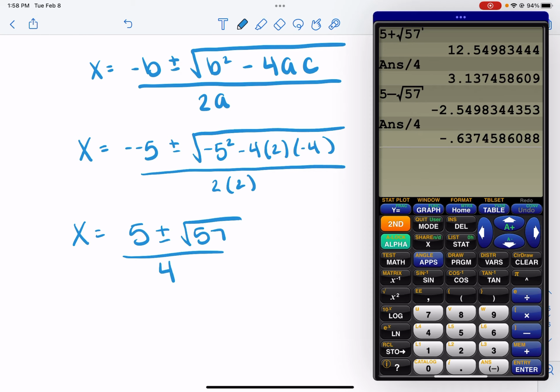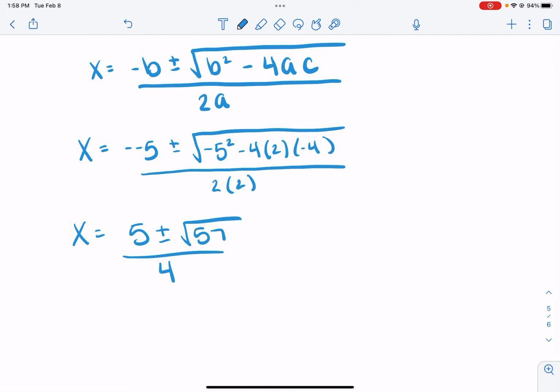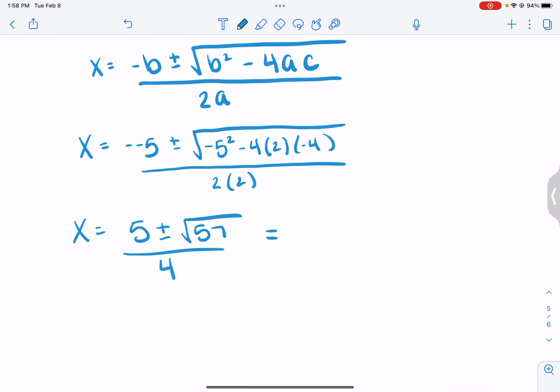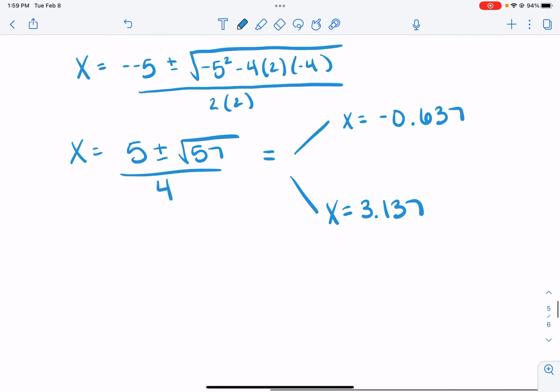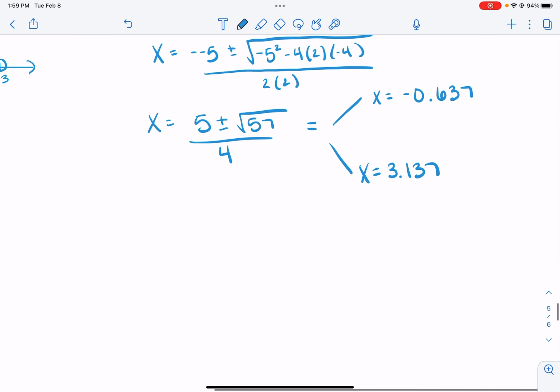Okay, so we have our two answers here. Right? So let's split them up. We've got x equals negative 0.637 and x equals 3.137.